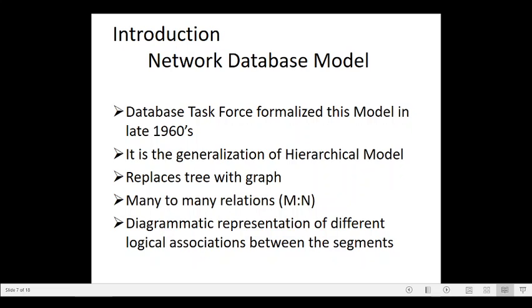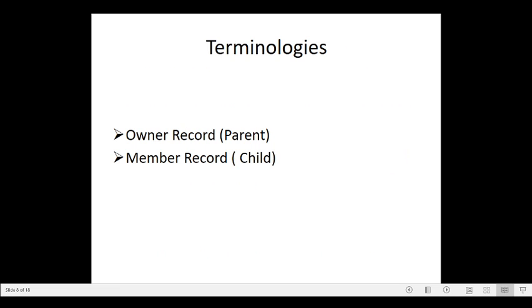In this type of model, a child can be linked with many parents, and the parent nodes can have many children, and they are known as owners and members. Now let's try to understand the terminologies used in the construction of the network model.